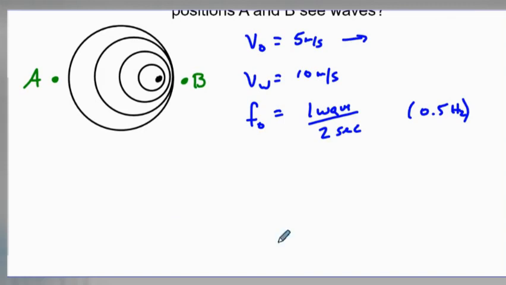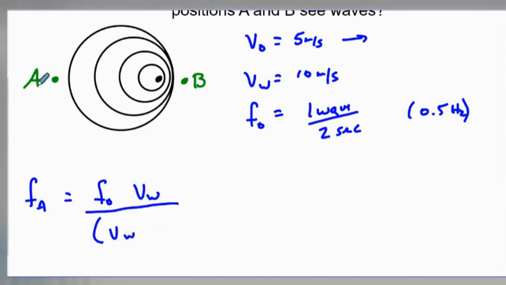We can use our formula and determine what we would recognize. So the frequency of person A would be equal to the frequency of the object times the speed of the wave divided by the speed of the wave. And because for person A the waves are getting further apart, we're going to add the speed of the object.